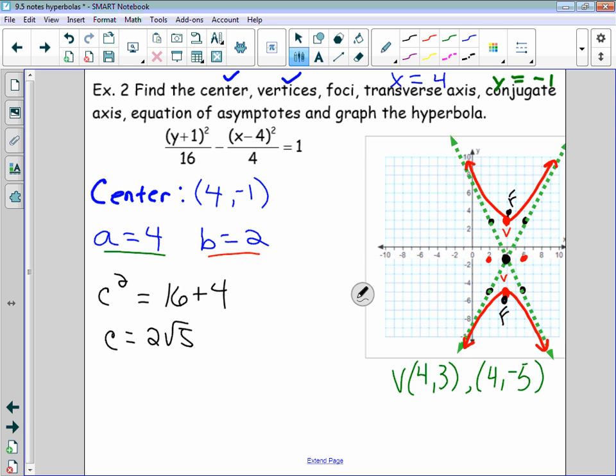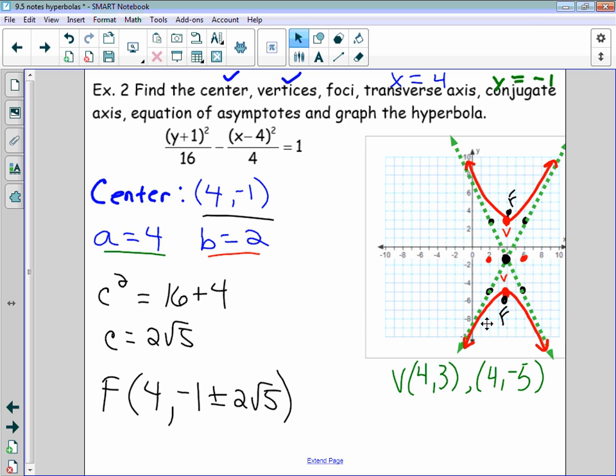Y, because we're going up and down, right? So our center is at 4, -1. All we have to do, since the x value stays the same, is write -1 for the y coordinate, and then plus or minus 2 root 5. Because that's just signifying that from -1, we're going to go up 2 root 5 and down 2 root 5.